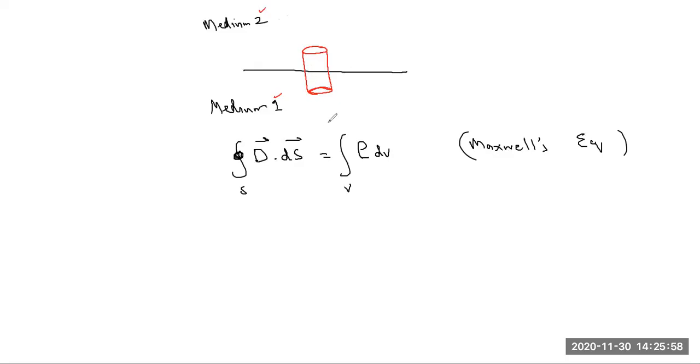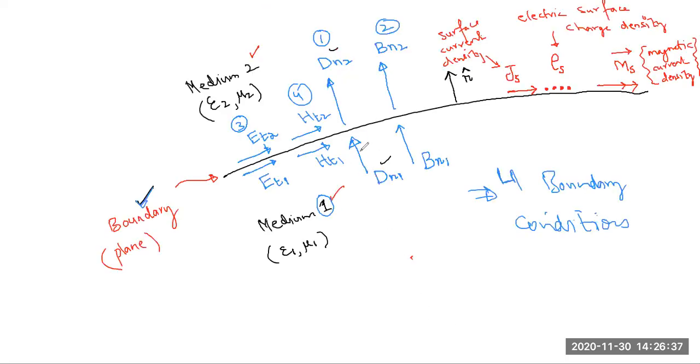So now this is the height of the cylinder. Let me call it h. This is the height of the cylinder. This is representing the surface area, so let's call it delta S. So now if you go back, this is the direction of DN1 and DN2.